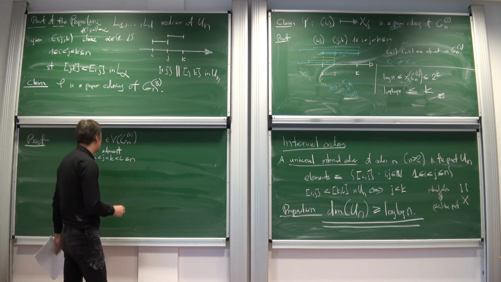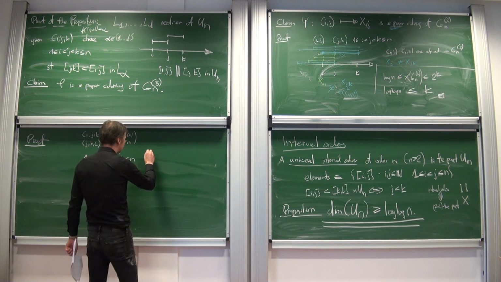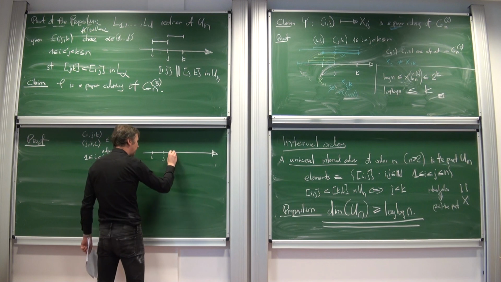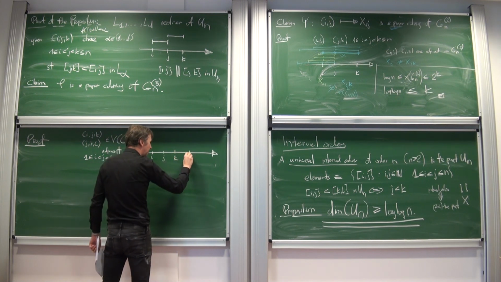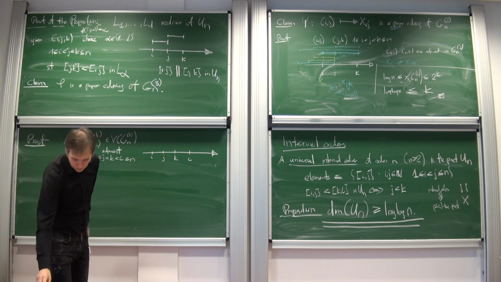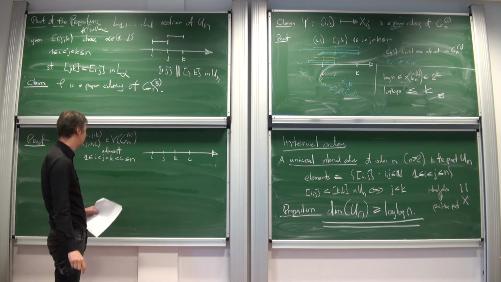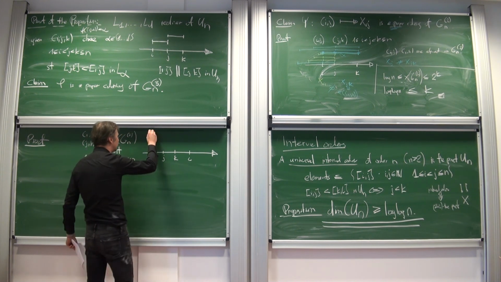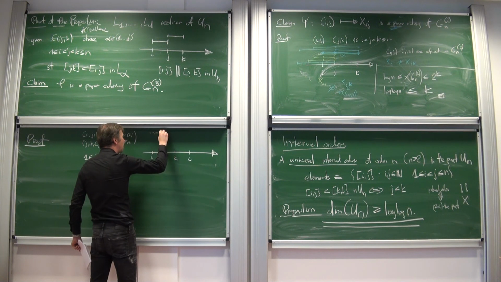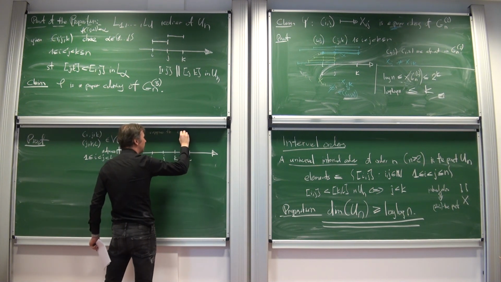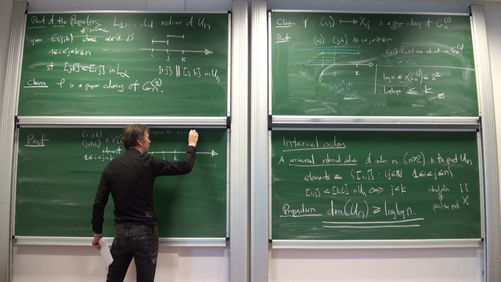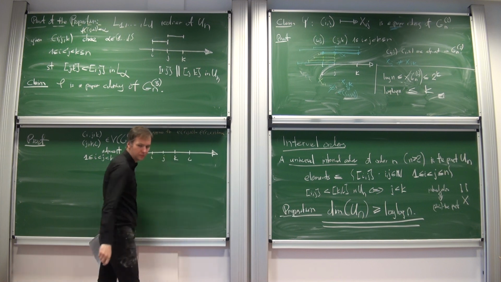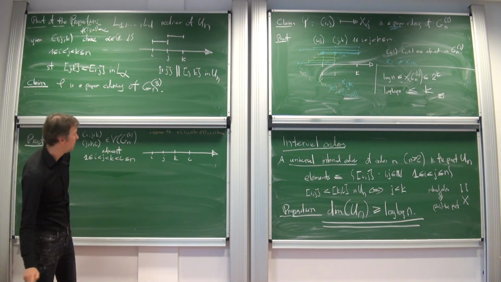Okay, so let's see what is happening here. Suppose that phi of ijk equals phi of jkl equals some alpha. Now, what does it mean?